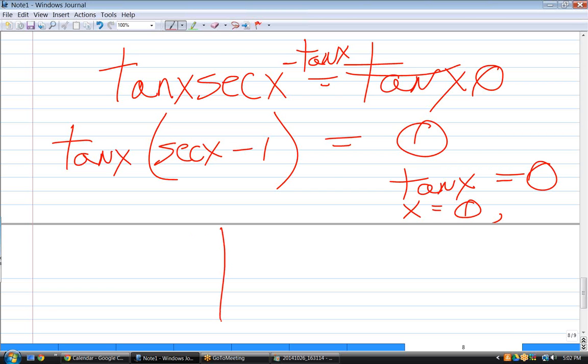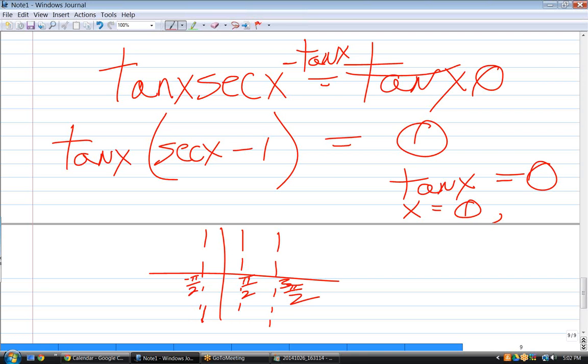Well, tangent has a period of pi. And it goes from minus pi over 2 to pi over 2. And this one's 3 pi over 2. And tangent looks like this. So it's 0 at 0, but it repeats every pi. So it's also 0 at pi. Okay?